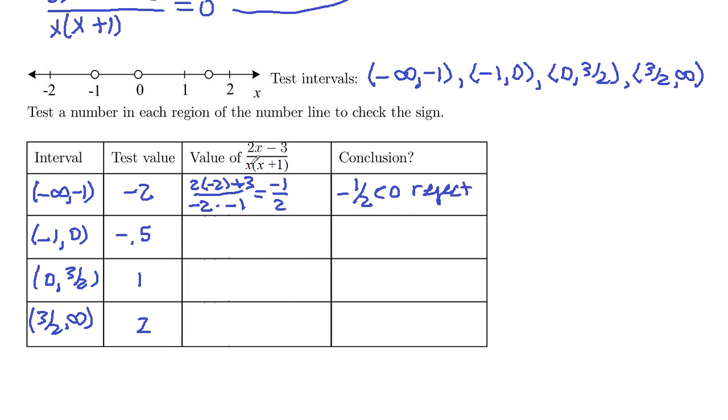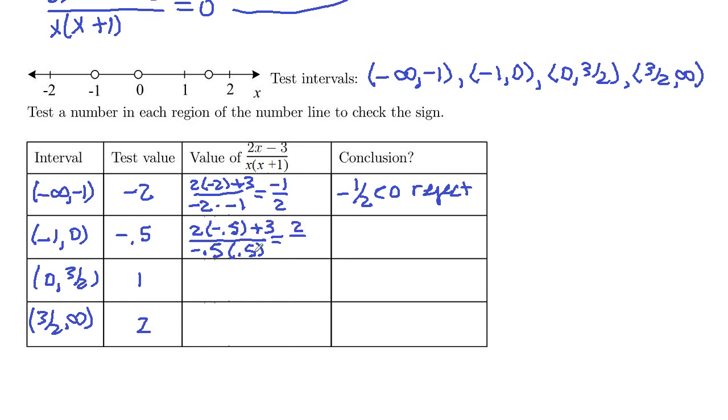Plug a negative 0.5 in all 3 places. So 2 times negative 0.5 plus 3 over negative 0.5. And then negative 0.5 plus 1 would be times 0.5. So in our numerator, that would be negative 1 plus 3, 2.